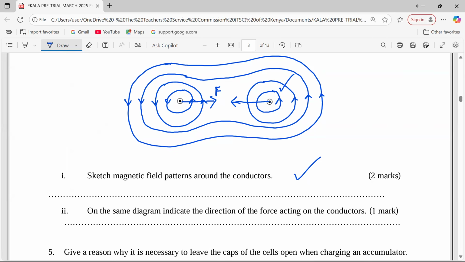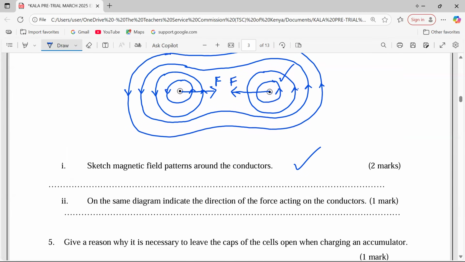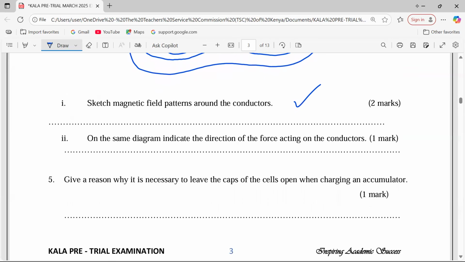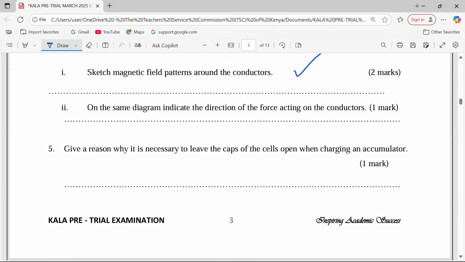Then, if current is out of the paper, I would expect the magnetic field lines to be facing upwards at this point, and definitely the force, according to Fleming's left-hand rule, shall be towards the left. That way. So refer to your book too, please.